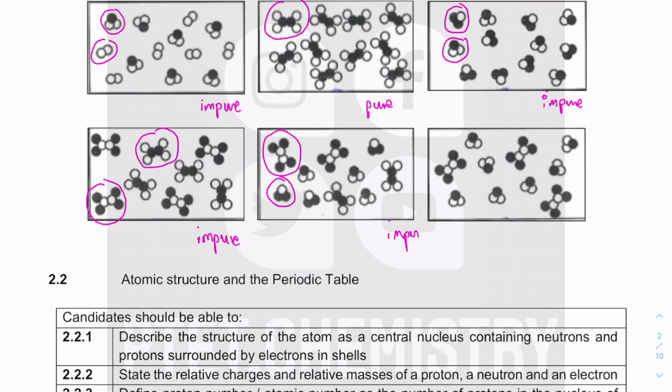Okay, so actually there's 4 different kinds of substances there. So black on the outside, white on the outside, and then these 3 atoms combined together: 2 black and 1 white, 1 black and 2 white. For the final one, this is impure again.